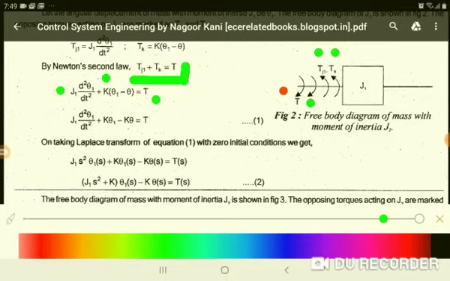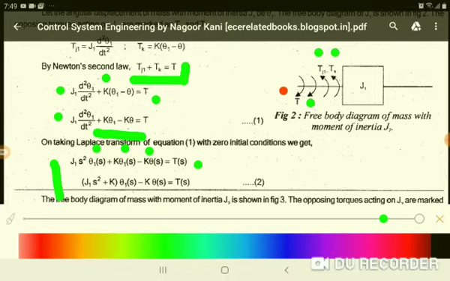So J1 d square theta 1 by dt square plus K theta 1 minus K theta equals T. Taking the Laplace transform, it becomes J1 s square theta 1 of s plus K theta 1 of s minus K theta of s equals T of s.